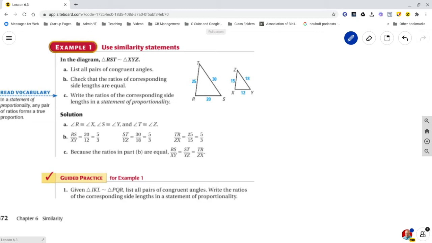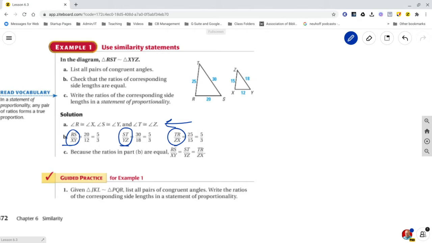Now the same thing is going to be true here for a triangle. Again, we begin by seeing that these are going to be similar triangles, and we're looking at RST to XYZ. So we pay attention to the order because what that does is it tells us the angles that correspond to each other, and the sides that correspond to each other.